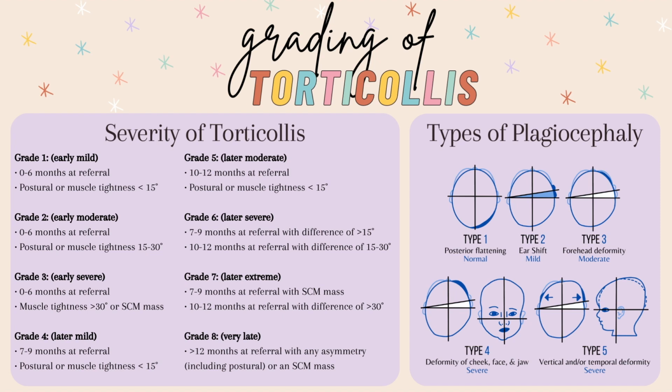Then once they have that posterior flattening, you could possibly see some ear shift, and it will start moving more anterior. Then you'll see some forehead deformity. Then you will start seeing cheek, face, and jaw deformity. And lastly, you could see vertical or temporal deformity, which is a type 5.